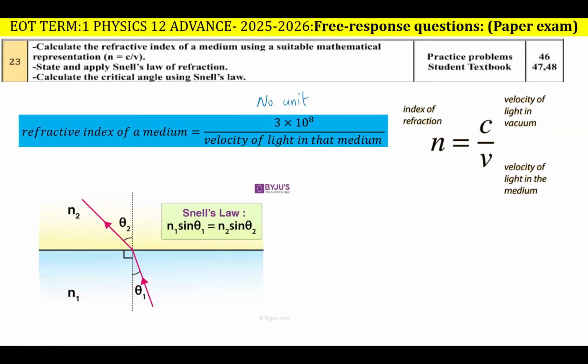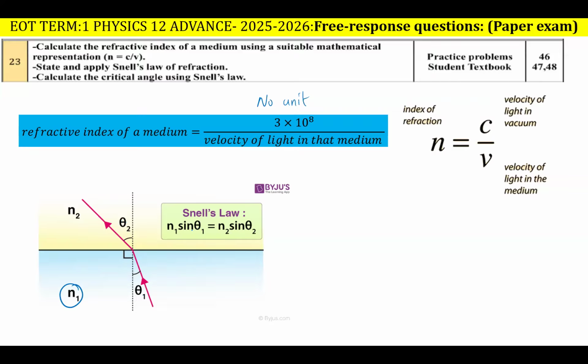Now, next one is Snell's law. When light passes from one medium to another medium, you can calculate the refractive index by checking the angle. Here you can see the light is moving from the first medium n1 to n2. In the first medium, it produces an angle of theta 1, and in the second medium, it produces an angle of theta 2.